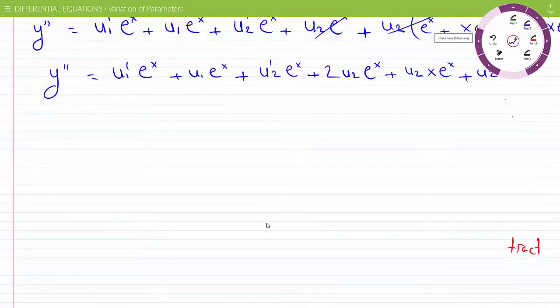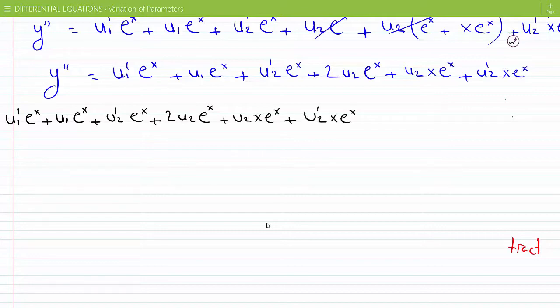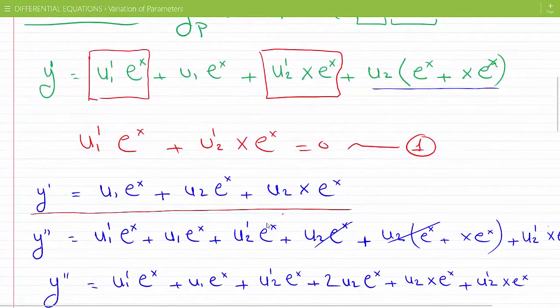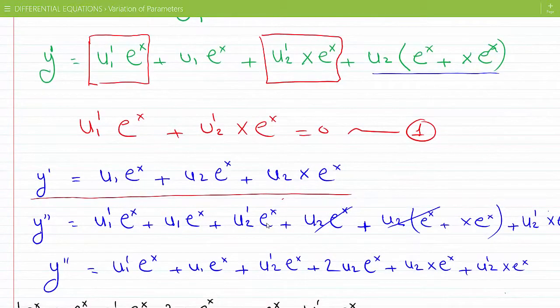So it starts with u1 prime e to the x plus u1 e to the x plus u2 prime e to the x plus 2u2 e to the x plus u2 x e to the x plus u2 prime x e to the x, minus 2y prime, so minus 2 times what's remaining from this one without the ones in the red boxes, because we said those are 0.